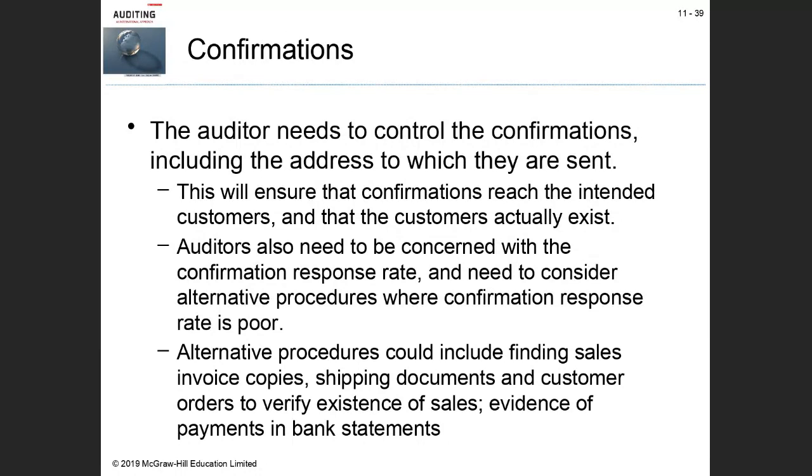You don't want to let management send out the confirmations because they might change the name or address of the customer, or send all the confirmations to the CEO's house or the CFO's house. The CFO confirms all the balances and sends the confirmations back. There's actually been frauds conducted where that occurred. So obviously you don't want that to happen.